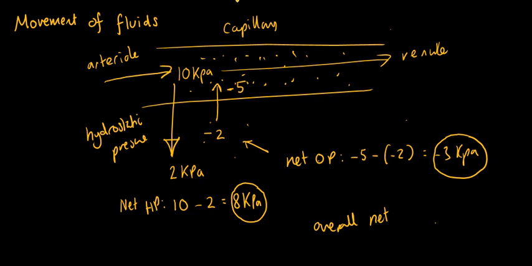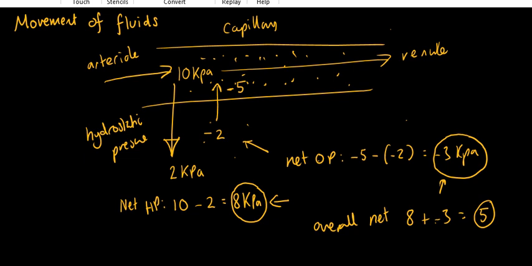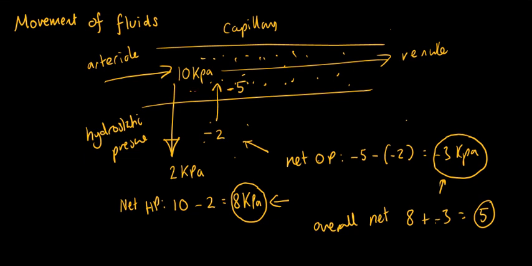So this is going to be 8, which is our hydrostatic pressure, plus minus 3, which is our oncotic pressure, and that is going to give us 5. So therefore, we are going to have the movement of fluid out of the capillary at the arterial end.